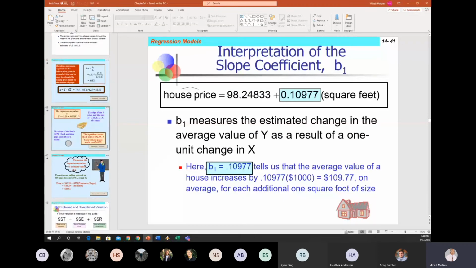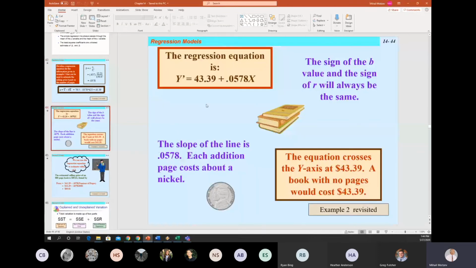Like, for example, if we use the equation about the relationship between book price and the number of pages in a book, the regression coefficient shows that each page will cost about a nickel.